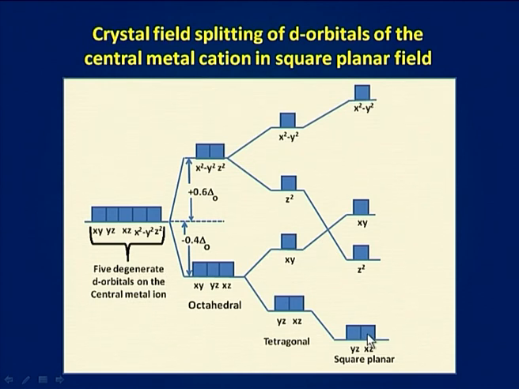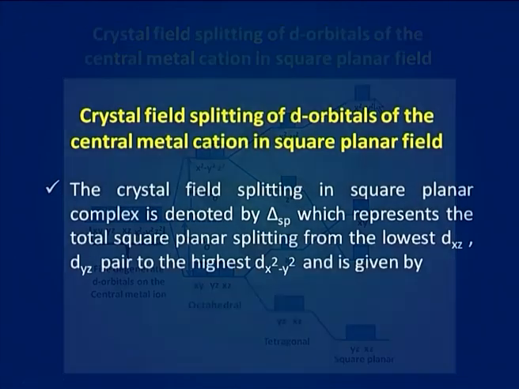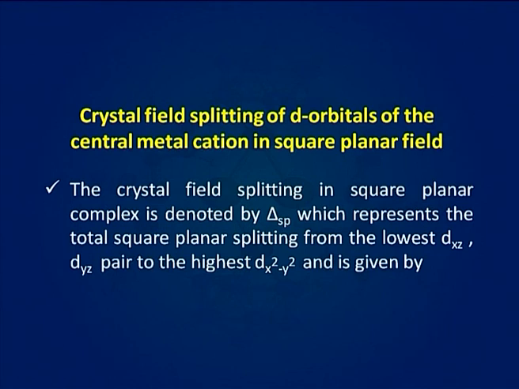In the square planar field, the energy of dyz and dxz orbitals further decreases and also the energy of dz square decreases, but the energy of the dxy orbital increases and that of the dx square minus y square orbital also increases. The crystal field splitting in a square planar complex is denoted by delta SP. Here the subscript SP represents square planar.